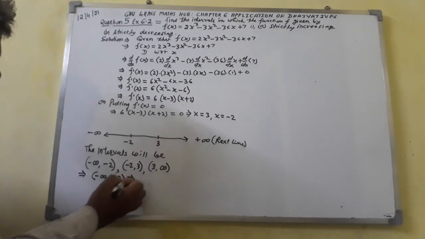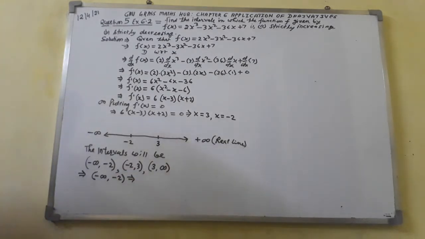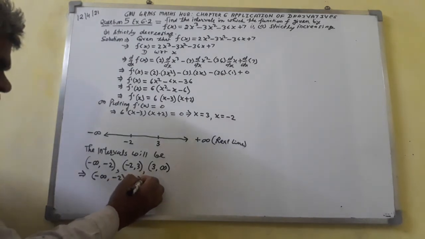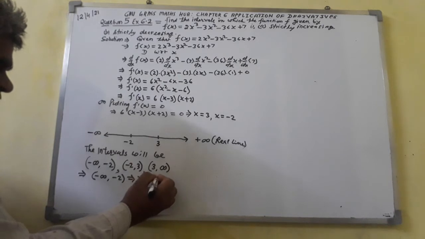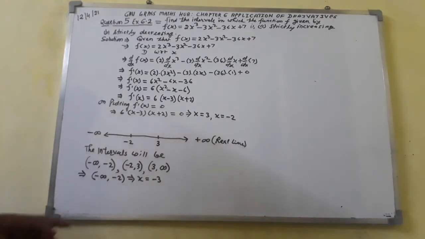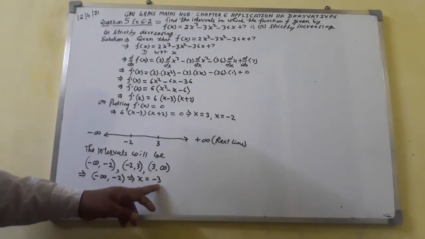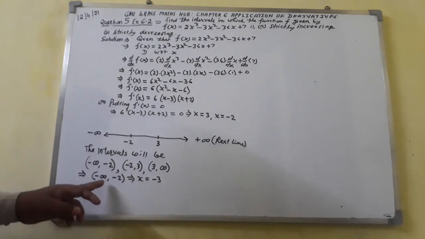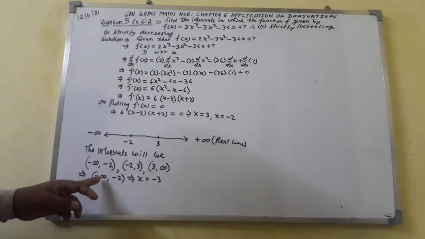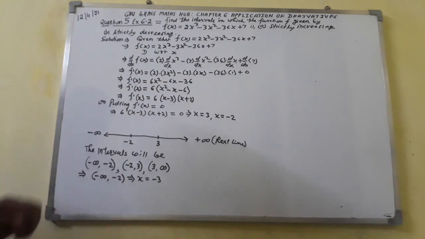It implies that the value of x will be, let, minus 3, because the value of x equal to minus 3 will lie between minus infinite and minus 2.